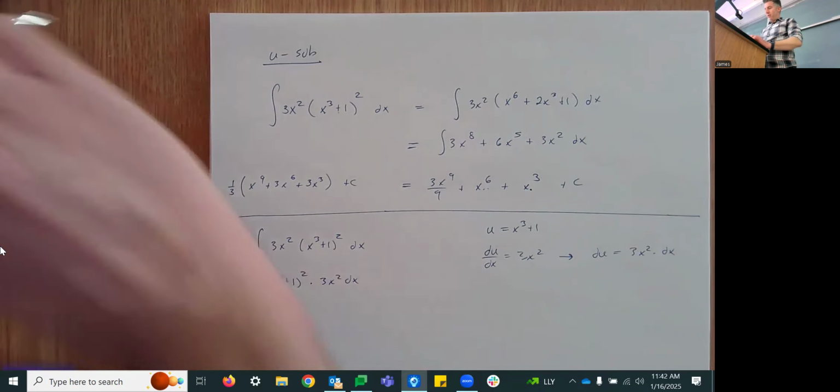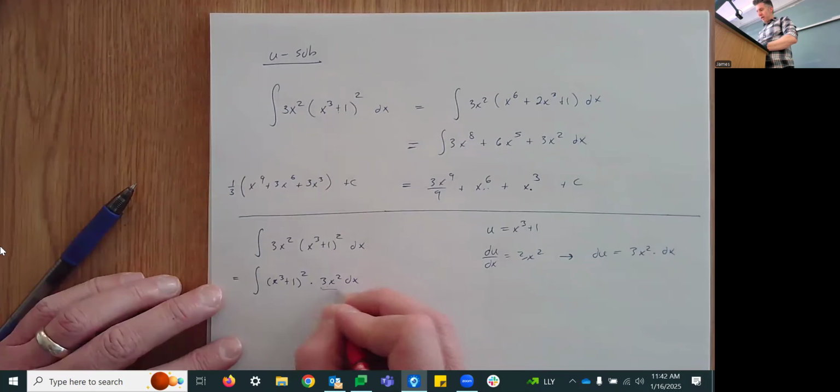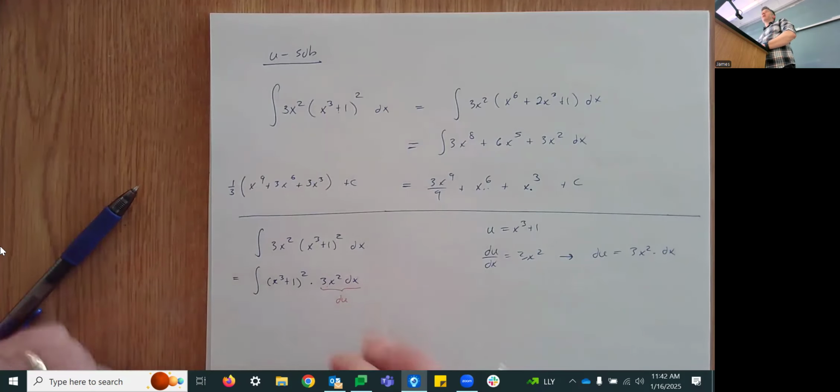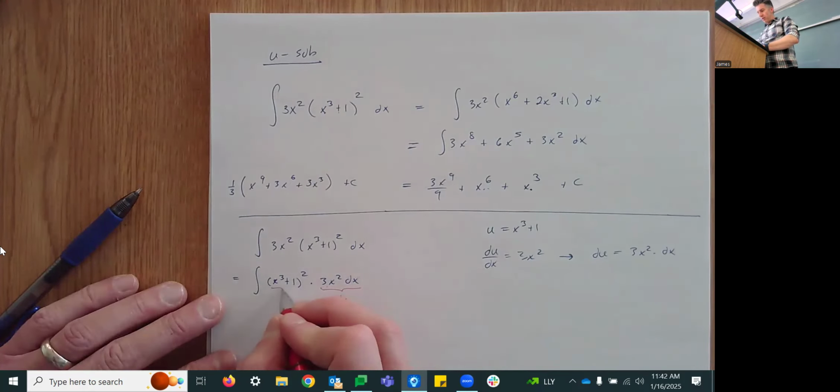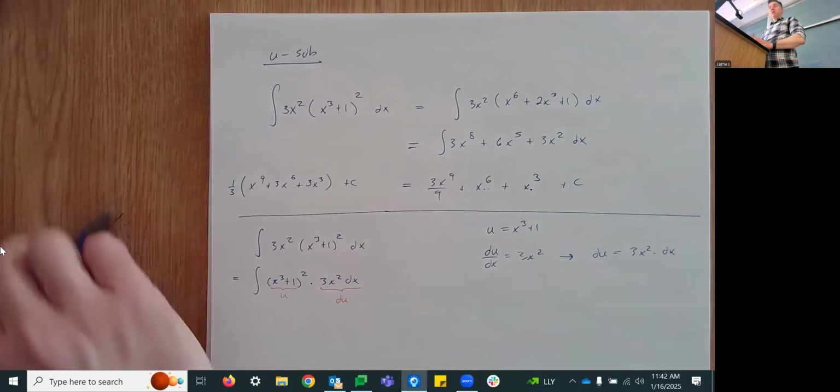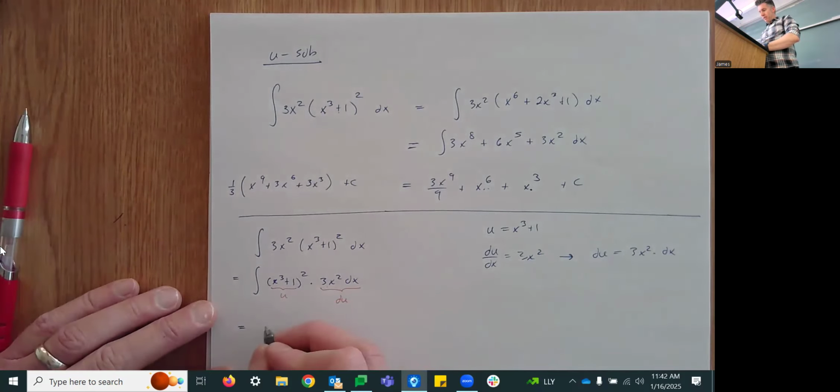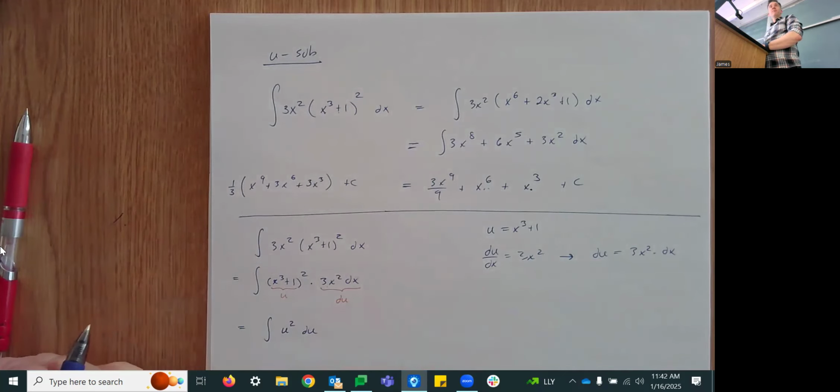So I'll point out that 3x squared times dx is exactly my du. Again, making sure I take care of the dx du changeover first, and everything else second. Oh, my x cubed plus 1, that's u. So what I really got here is the integral of u squared times du.